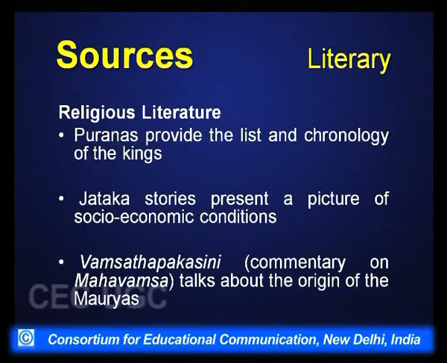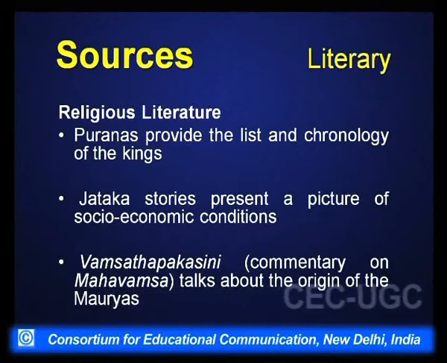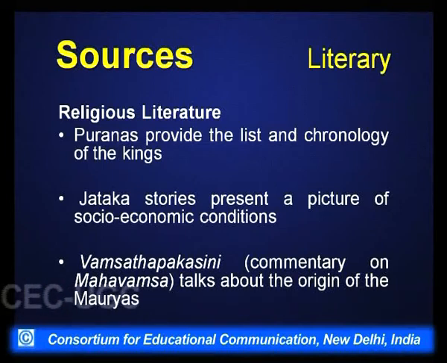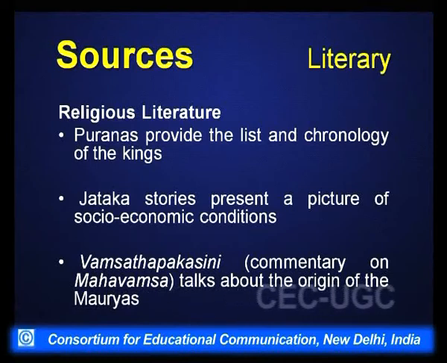Apart from these Brahmanical sources, there are mostly Buddhist sources which provide a lot of information about Mauryan history. Among these sources, one can talk about the Jataka stories, which provide a very balanced picture of the socio-economic condition of the Mauryan period.